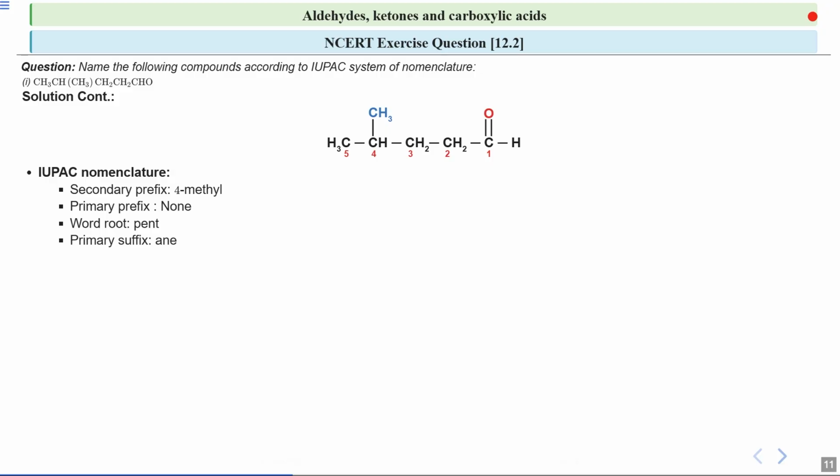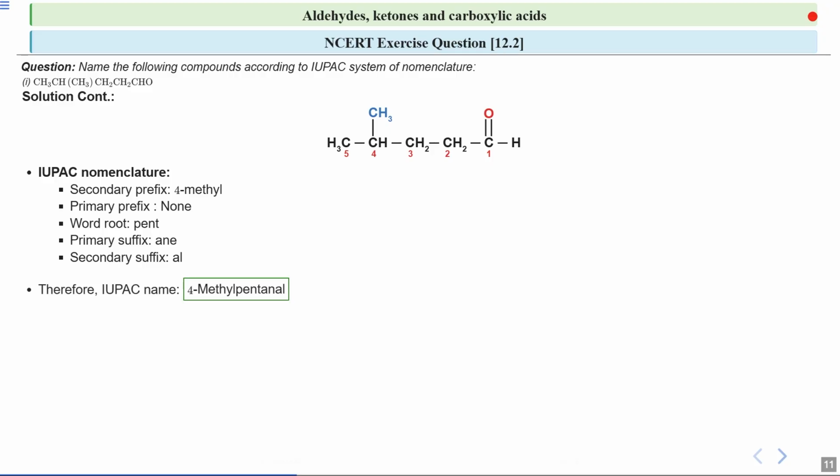And finally we come to the secondary suffix, which indicates the main functional group. Here we have an aldehyde group. I told you when you are writing the name of an aldehyde, the E of an alkane is replaced by Al. Okay, so this is how you write the IUPAC nomenclature.